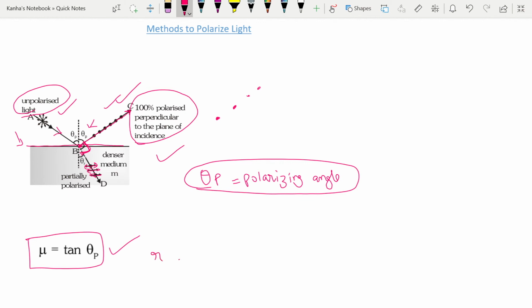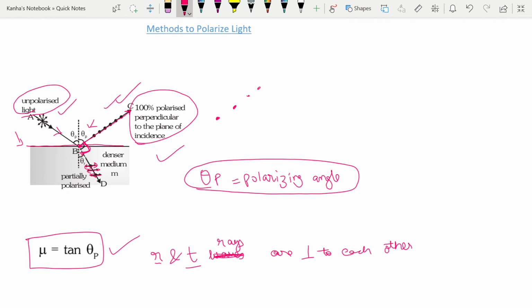So the reflected and transmitted rays are perpendicular to each other.